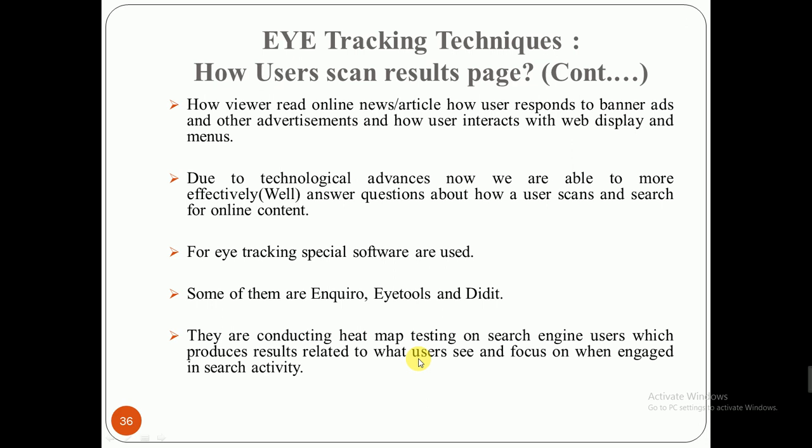Some software has been mentioned here by name also. This software is useful for eye tracking techniques. Inquiro is there, iTools is there, Didit is there. You can use any of them, whatever you like. Based on your requirement, you can select the software and work on it.